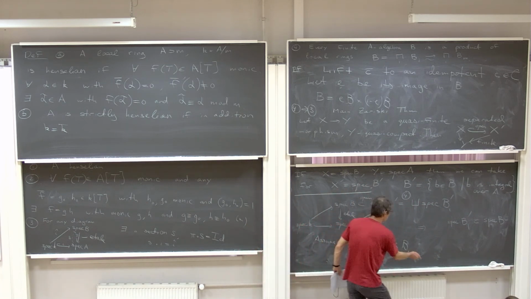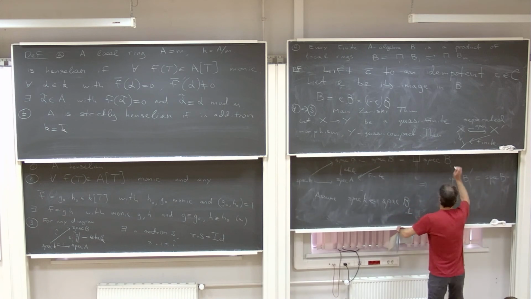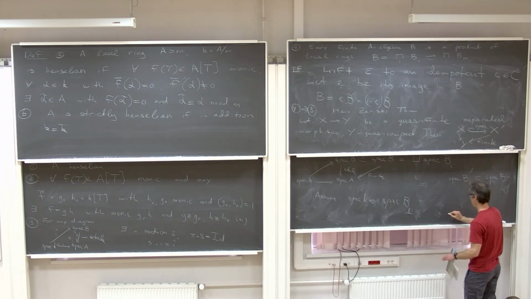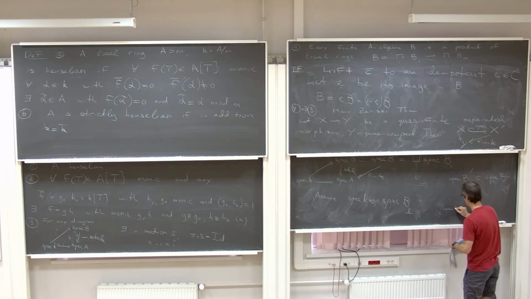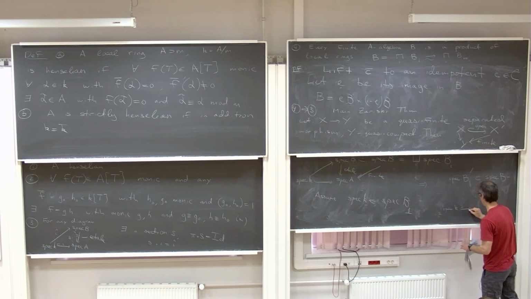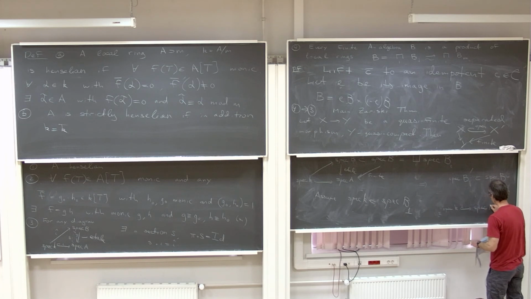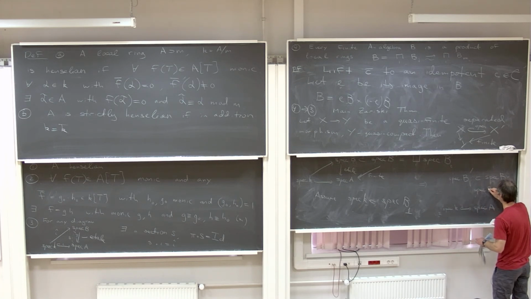So in particular, now we arrive at the following diagram. We have Spec K. We have Spec A. And here I have Spec B1 prime.